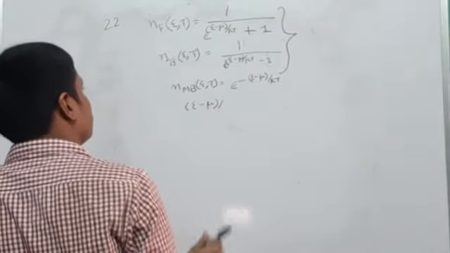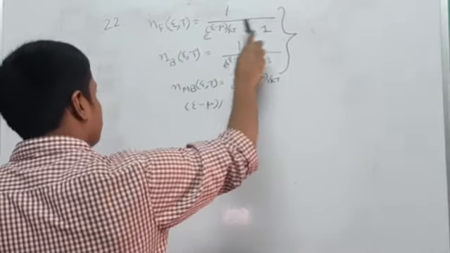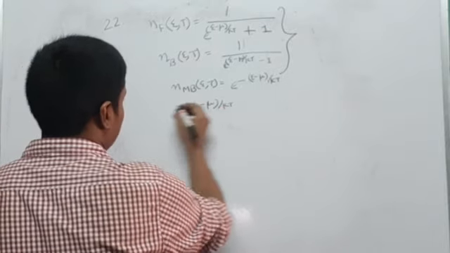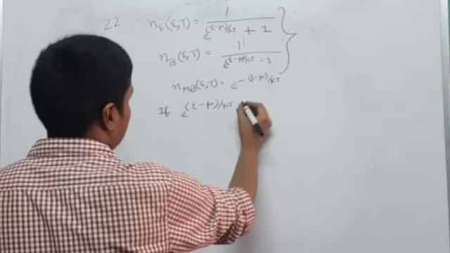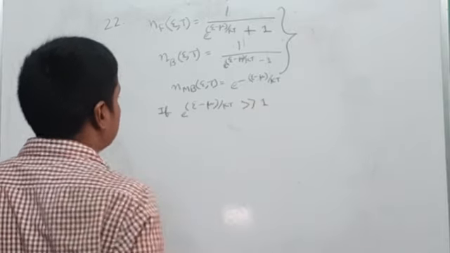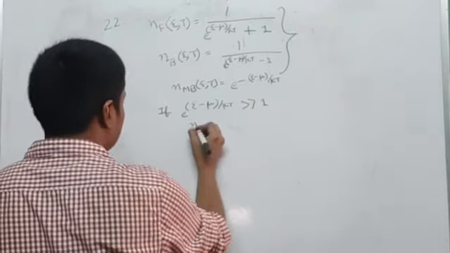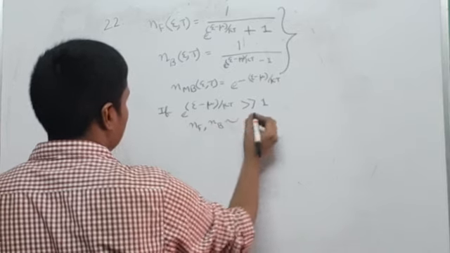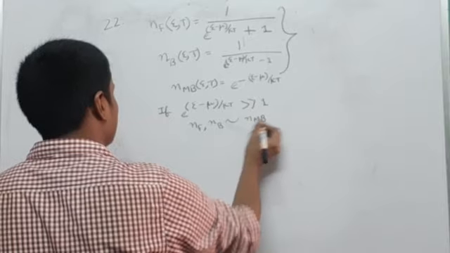The condition would be that if this term is much greater than 1, then both the Fermi-Dirac distribution and the Bose-Einstein distribution will tend towards the Maxwell-Boltzmann distribution.